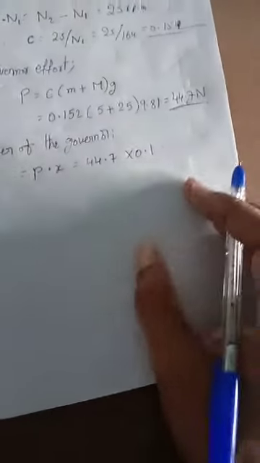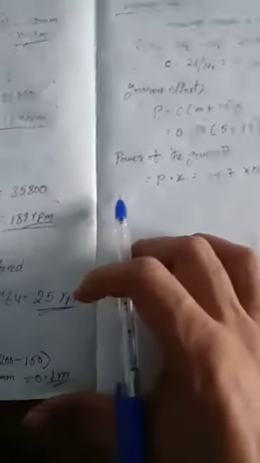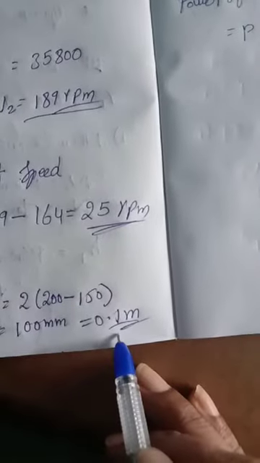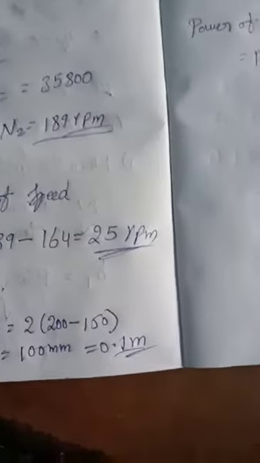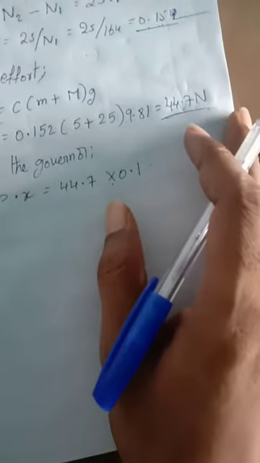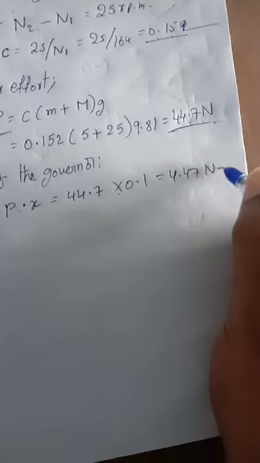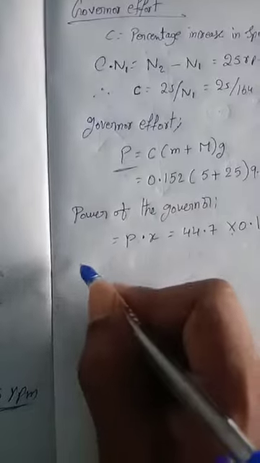Where is 0.1 coming from? X is equal to 0.1. P is equal to the effort, that is 44.7, and now we will get 4.47 Newton meter. That is the first condition.